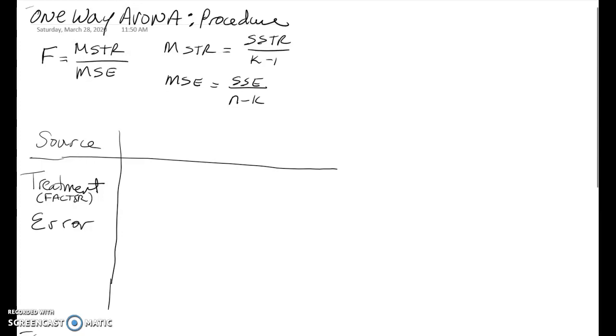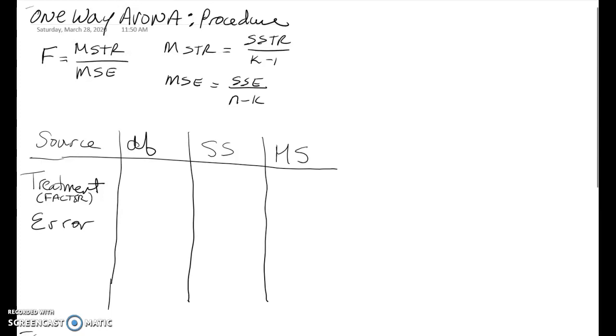The next column is where you'll fill in your degrees of freedom for each. And then we have the sum of squares. So the treatment sum of squares would go here. That's your SSTR. And your error sum of squares is going to go here. That's your SSE. And then we need the mean square of each.